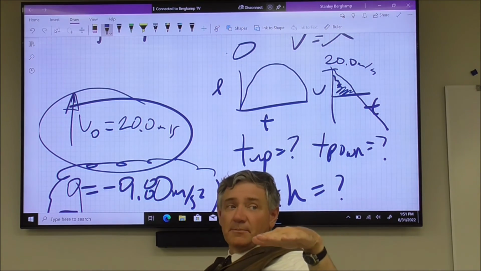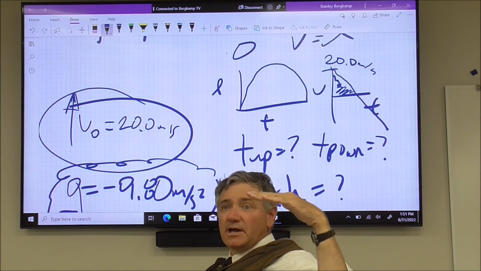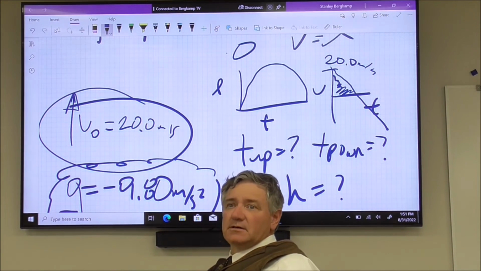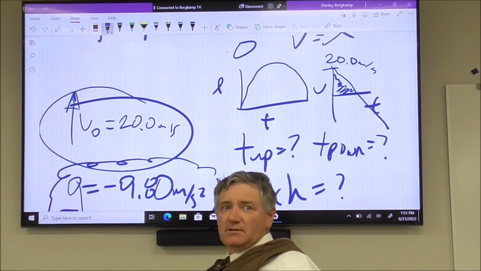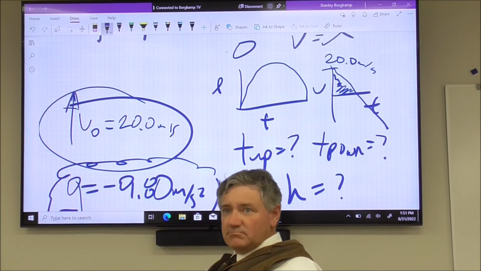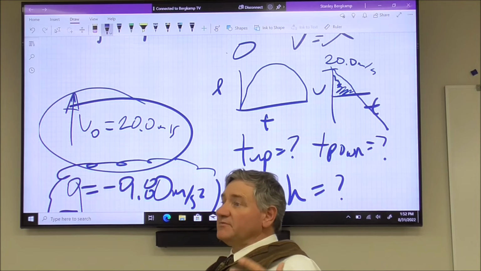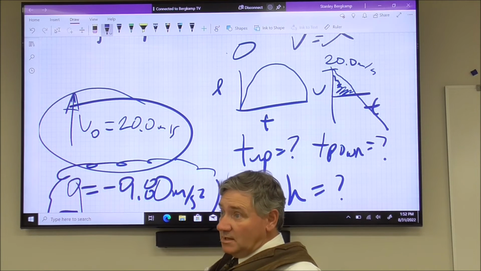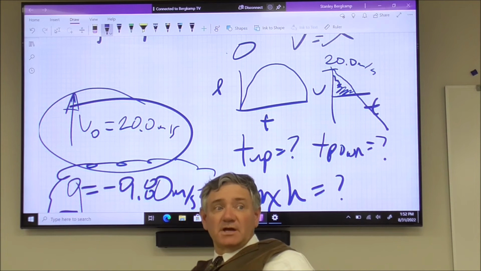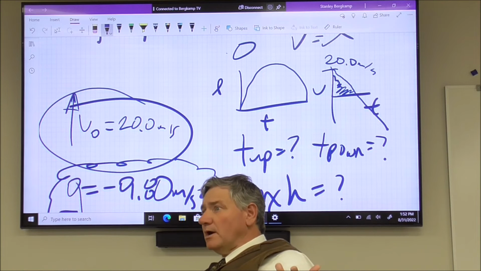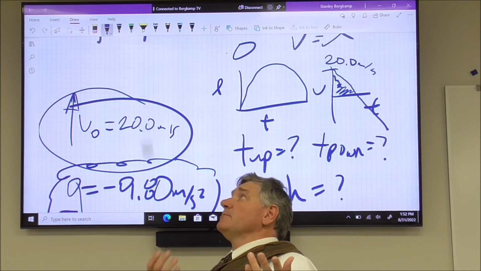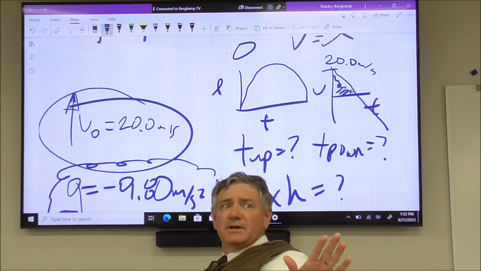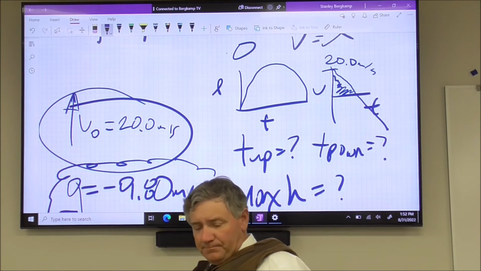You show up with 20 bucks. How long is it going to take you to run out of money? About 2 seconds, right? So my velocity is 20 meters per second. If the acceleration due to gravity is negative 10, it's going to take me about 2 seconds. It's a ballpark, but at least it gives me an estimate.